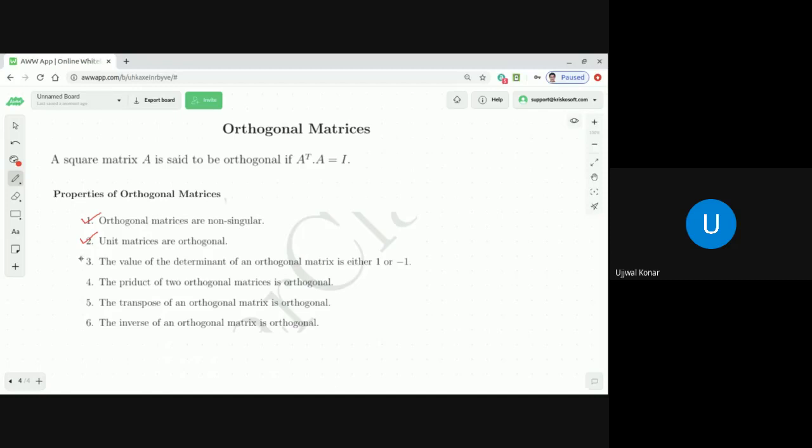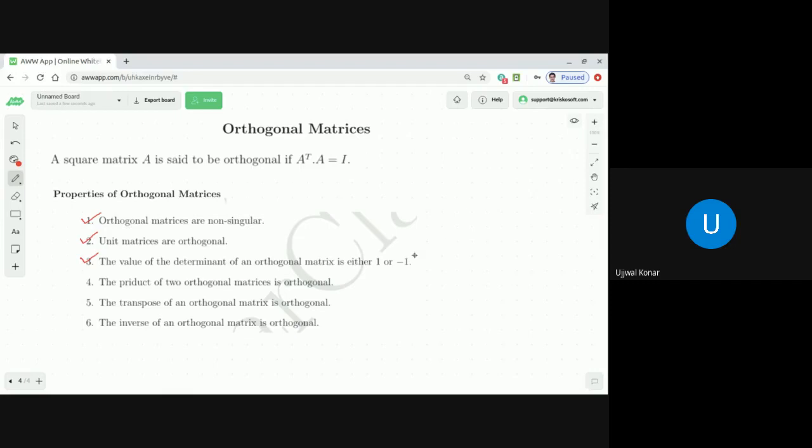Third one is that the value of the determinant of an orthogonal matrix is either 1 or -1. Very important message, dear students. This information, particularly the point 3, is actually being applied to solve many of the problems I have seen.